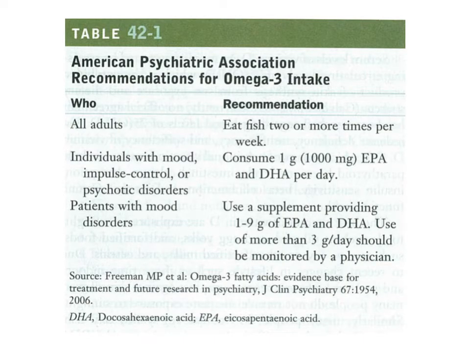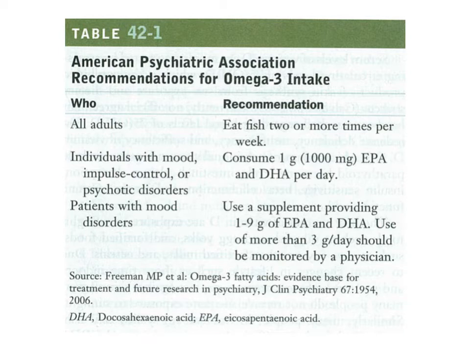So again, we can see the classic recommendation of fish 2 or more times per week. For individuals with mood, impulse control, or psychotic disorders, it's 1 gram or 1,000 milligrams of EPA and DHA per day. Again, that's doubling it from the previous recommendation. And then for patients with mood disorders, somewhere between 1 to 9 grams of EPA and DHA per day.